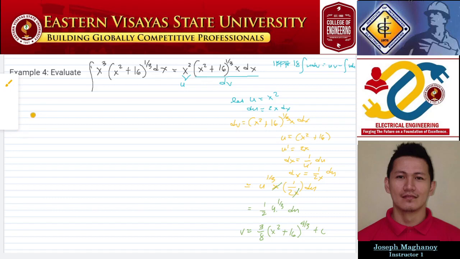Okay, going back. So what is your u? u is x squared. v, that is your 3/8 times (x squared plus 16) raised to 4/3, minus integral of 3/8 times (x squared plus 16) to the 4/3, then your du, that is 2x dx.